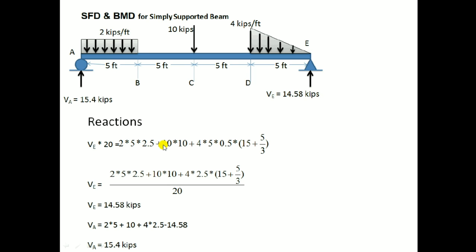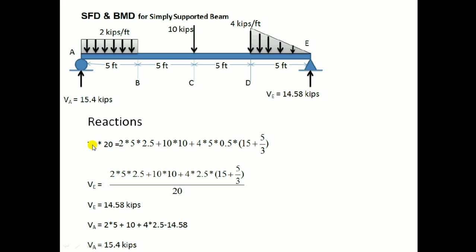This is for UDL, this is for point load. 10 is the force and 10 is the moment arm. Here plus 4 into 5 into 0.5. This is the area of UVL multiplied by this moment arm, 15 plus 1/3 of this 5.